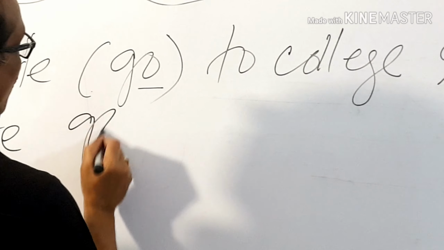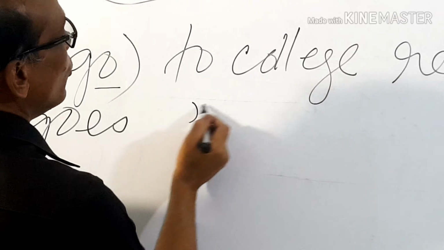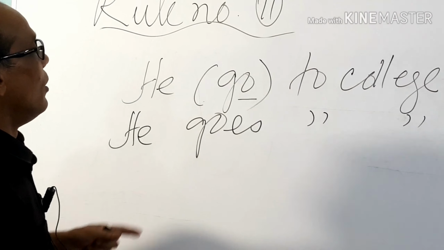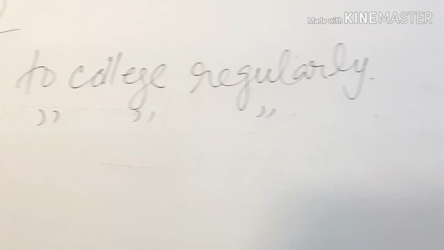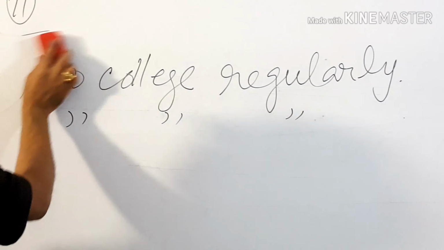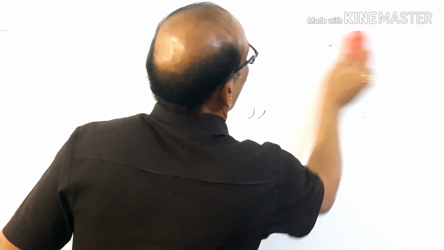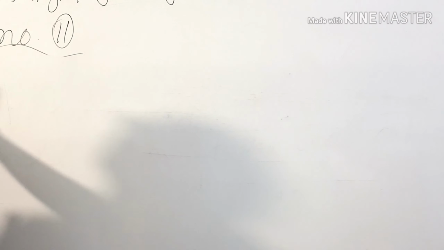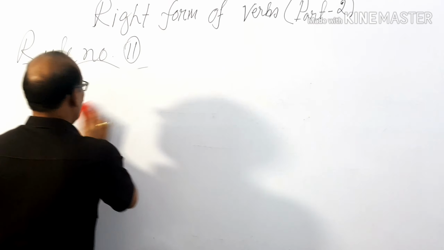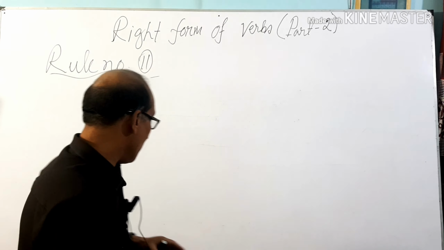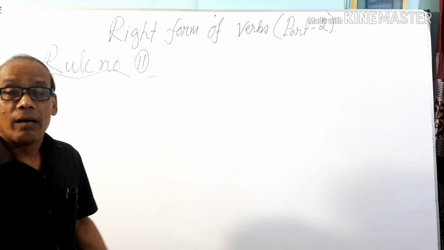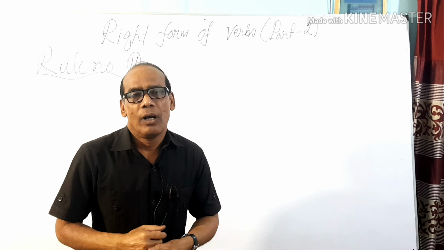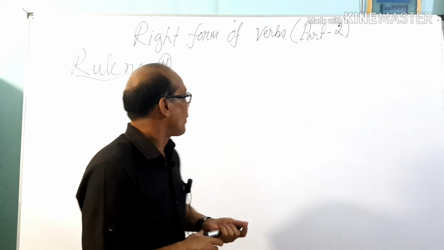He goes to college regularly. And there may be, suppose, miss, M-I-S-S, in that case, kiss, K-I-S-S, kisses. And in this way, if we find any verb ending in S, SS, SH, CH, X, O, Z, we'll have to add es.